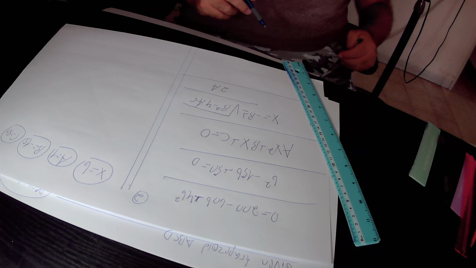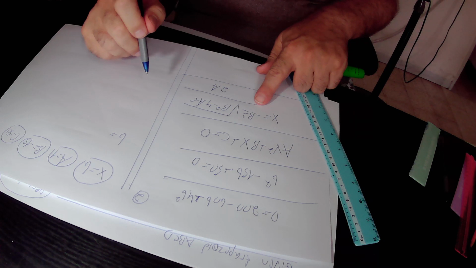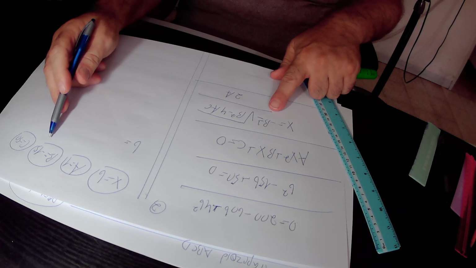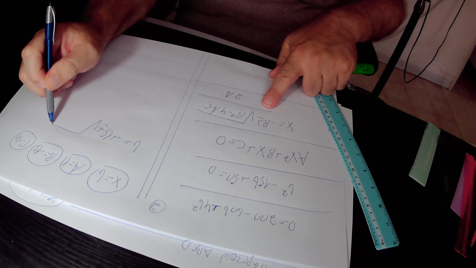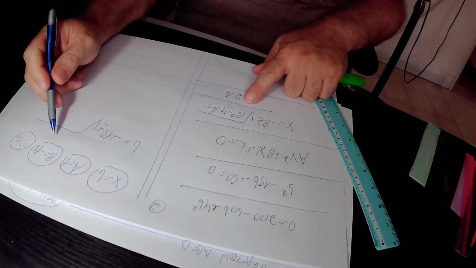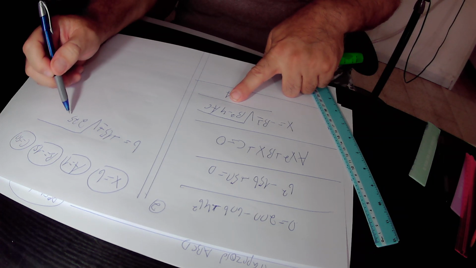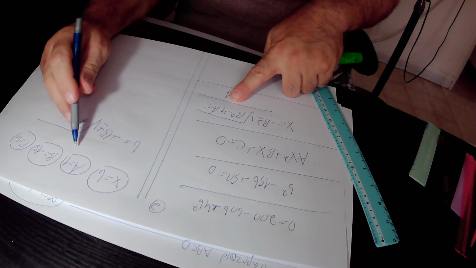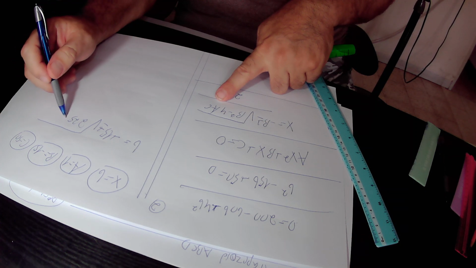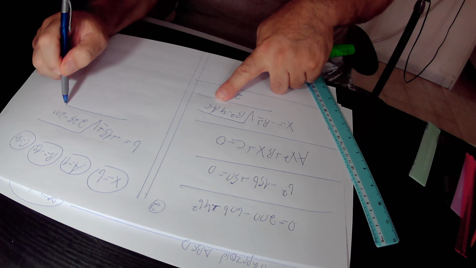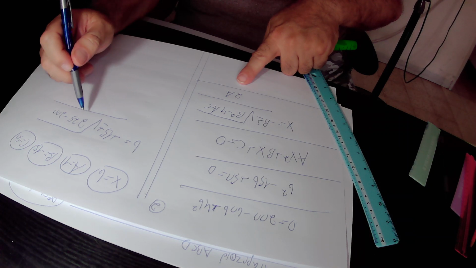So we get that x equals b, and it is equal to minus b. b is minus 15, so minus b is minus 15, that is plus 15, plus minus square root of b squared. b is minus 15, therefore b squared is minus 15 squared, that is 225, minus 4 times a times c, so it is minus 4 times 1 times 50, which is minus 200, divided by 2a. a is 1, so 2a is 2 times 1, that is 2.